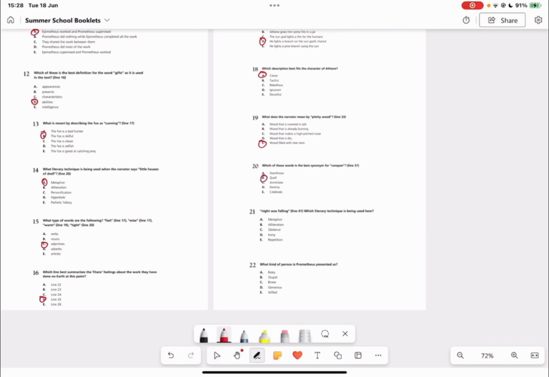Quell is a synonym of conquer. So night was falling in line 41, which literary technique is being used? So this one is a night was falling, so a metaphor.